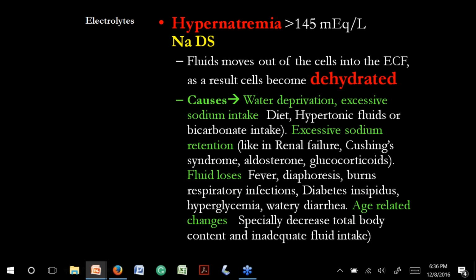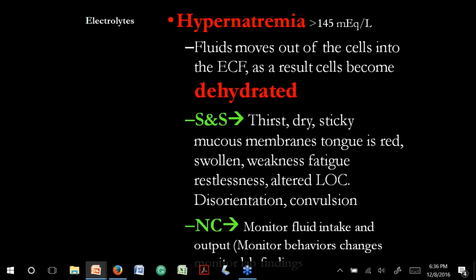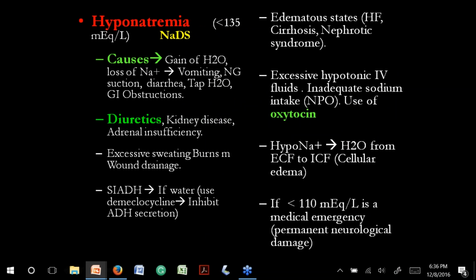All right, so hypernatremia, we already talked about. What is the most common cause of hypernatremia? It's going to be dehydration, right? You're under the sun, too hot, you start to sweat a lot, you lose a lot of water and some sodium, but you lose more water than sodium, so the sodium will be concentrated in the blood. All right, so that is hypernatremia.